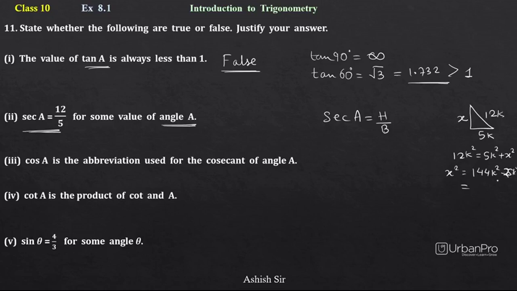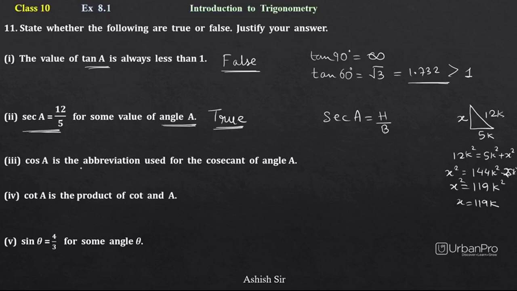So this will be 119k square. So x will be root 119k. So we can get the value of angle in decimals. So we can say yes, for some value of angle A, this is possible.